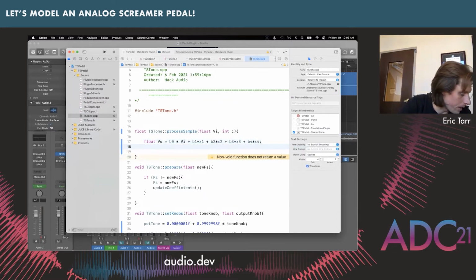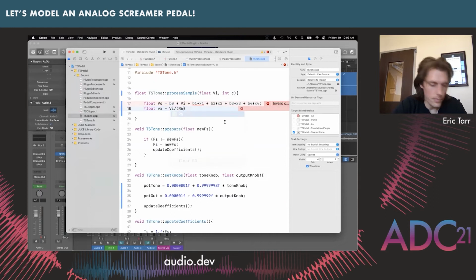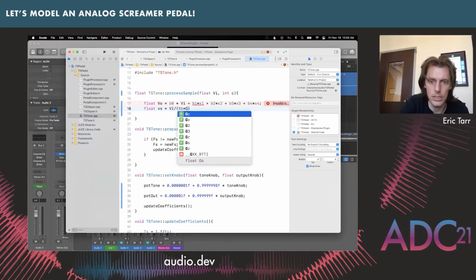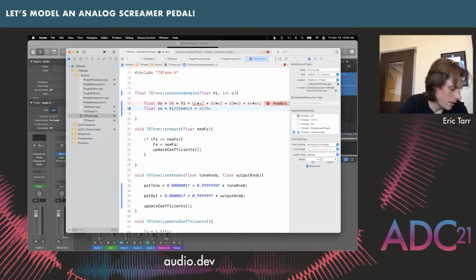Okay, then for our state updates that we need, I have a variable that I calculate called Vx, which is V1 divided by R6 times GZ, and X1 divided by GZ plus X2 times R2 divided by G2 GZ times P1.